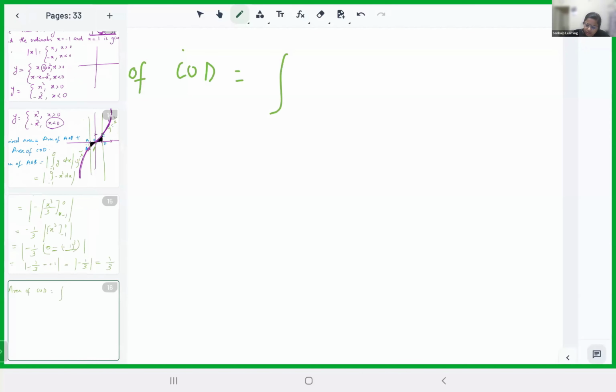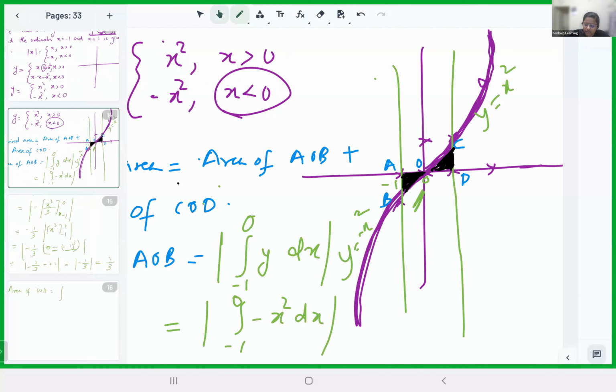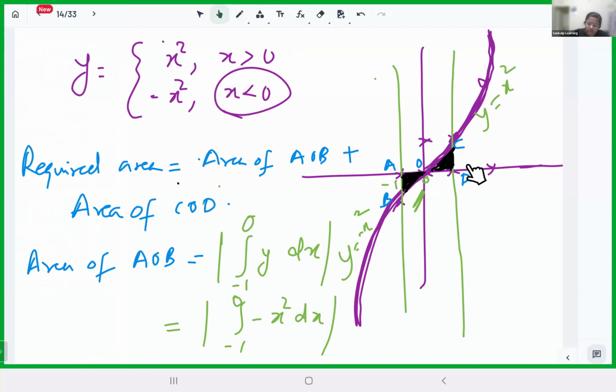Now the area of the above portion, COD, you can see from the graph that it is varying from 0 to 1. The curve is y is equal to x square.